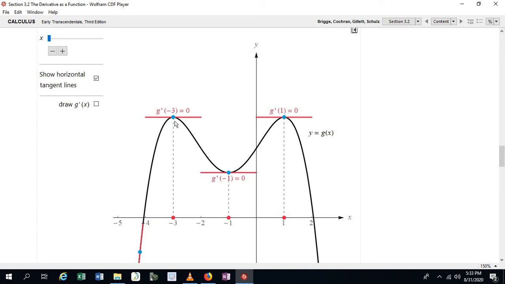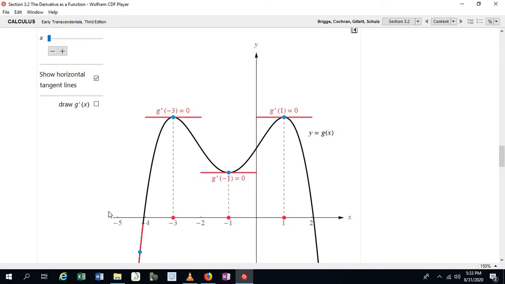So you're getting the x-intercepts when the slope of the tangent line is 0. Okay, so that's why this is nice. If you find all the horizontal tangent lines, you're actually finding the places where you have x-intercepts for your derivative.